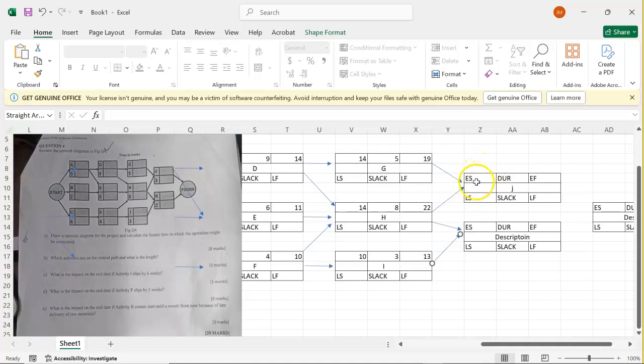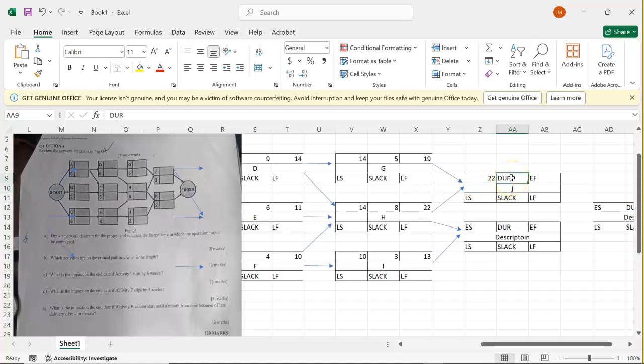Early start for J, it will be 22 because 19 is less than 22 there. Duration, we have 3, so it will be 22 plus 3 rather, it is giving us 25.